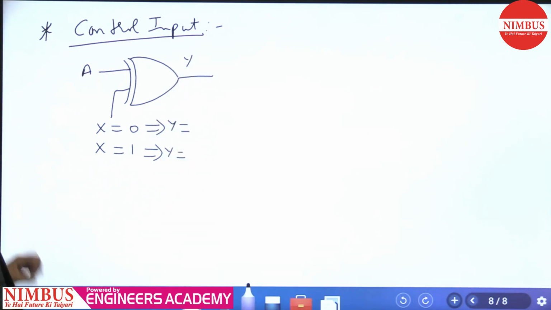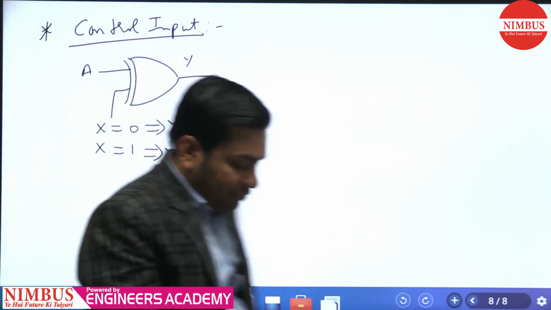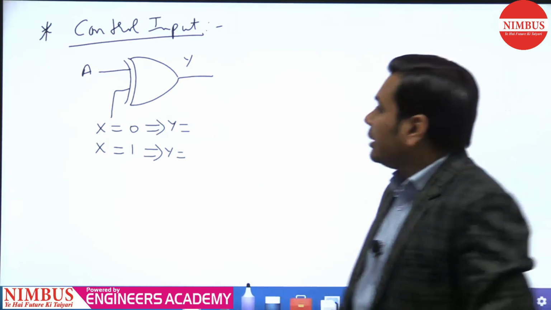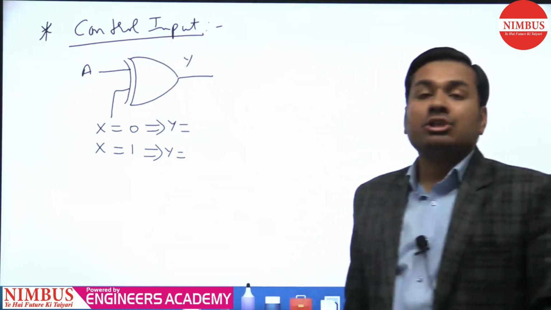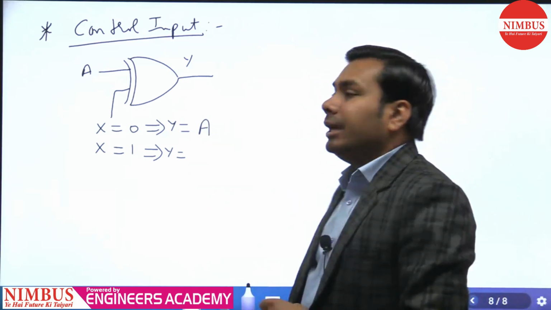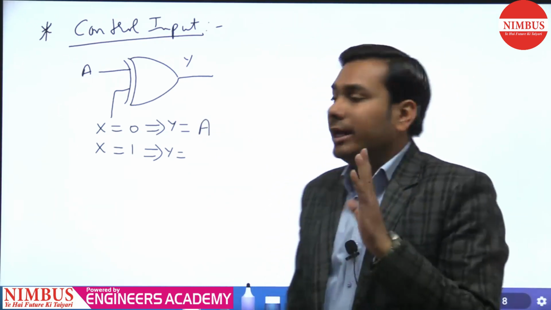When we have control input as 0, that means we have A XOR 0, which equals A.